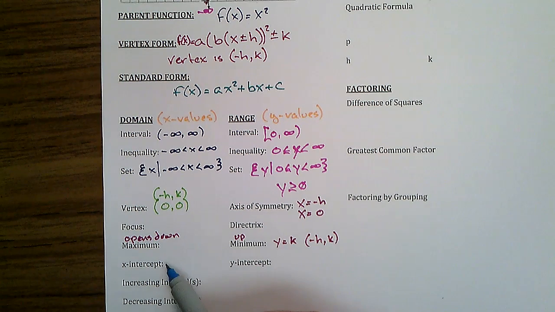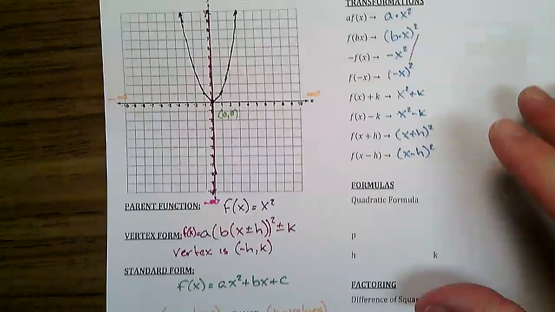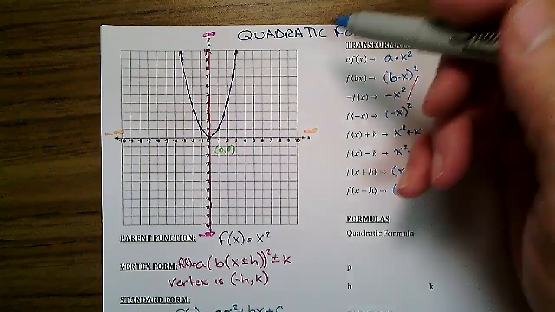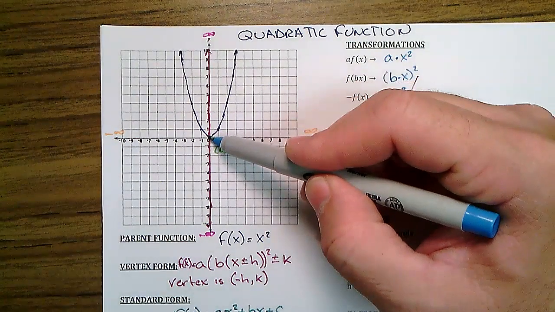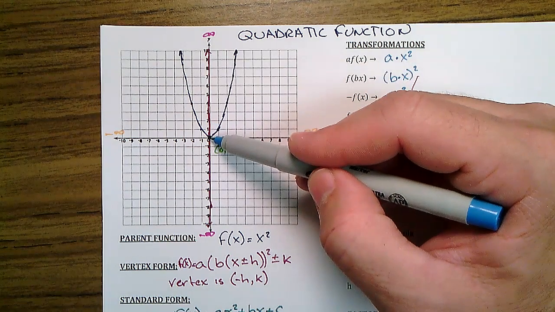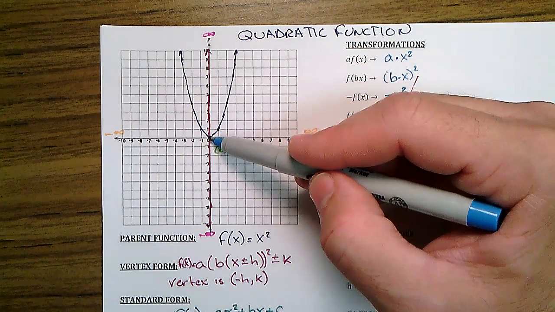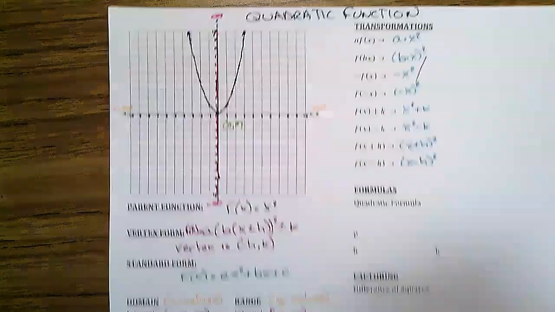Now your x-intercept, remember, is where your function crosses your x-axis, and your y-intercept is where it crosses the y-axis. If we look at our graph, this parent function only has one x-intercept, and it's at the vertex at 0, 0. Likewise, it has one y-intercept, also at 0, 0.